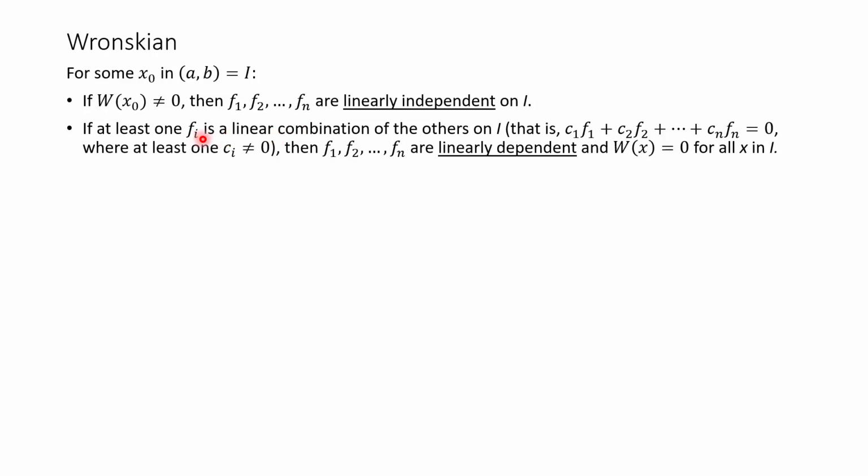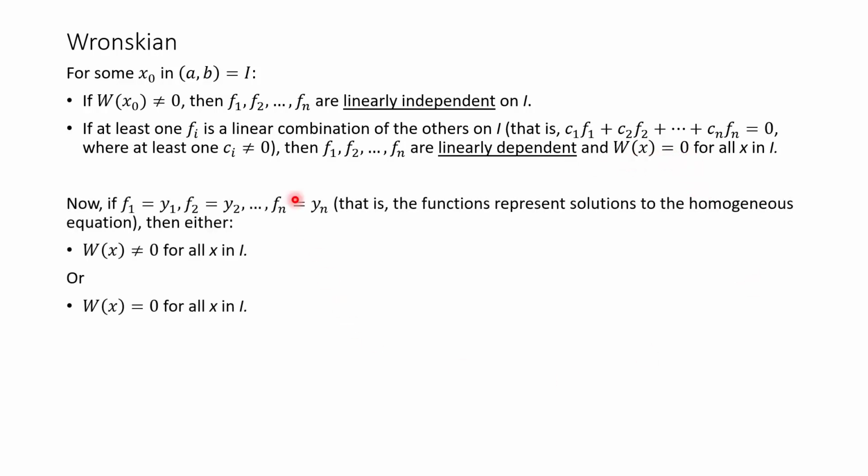Okay, that's saying one of our f's can be written as a combination of the other ones. That means that f1, f2, and so on are linearly dependent, and the Wronskian is equal to 0. Okay, so just a couple of ways to talk about the same thing.